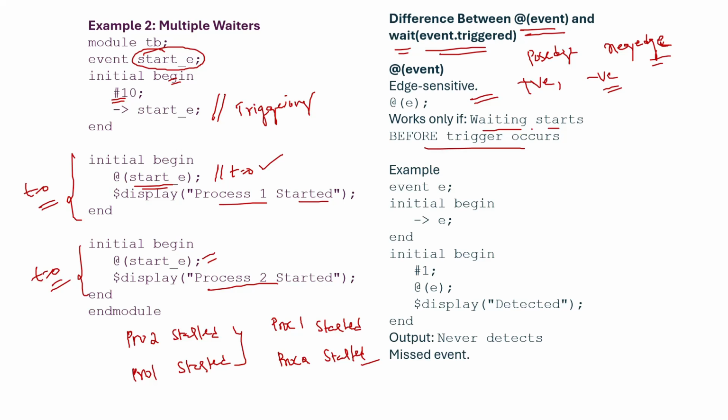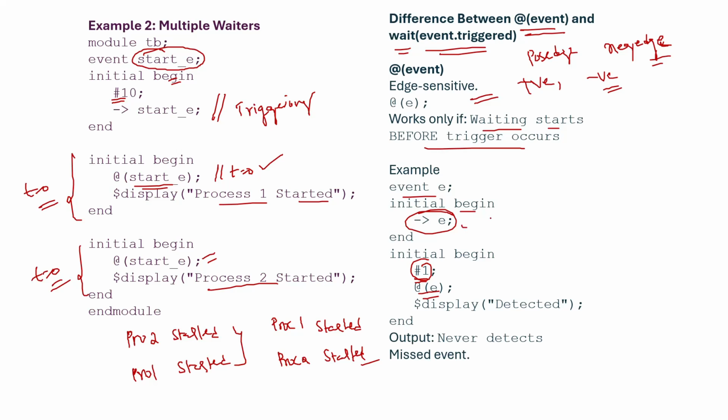Okay. In the same way here, I am having the event E. Initial begin, and then this is the triggering point. After that, a wait condition at the rate E is there. Will it detect the event? No, right?